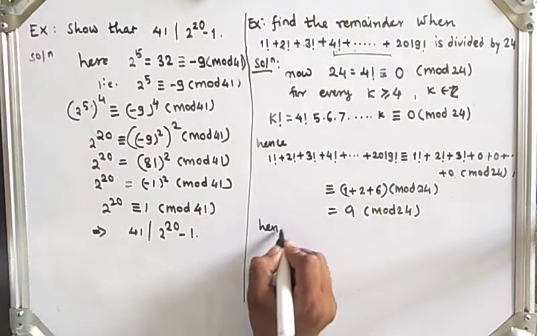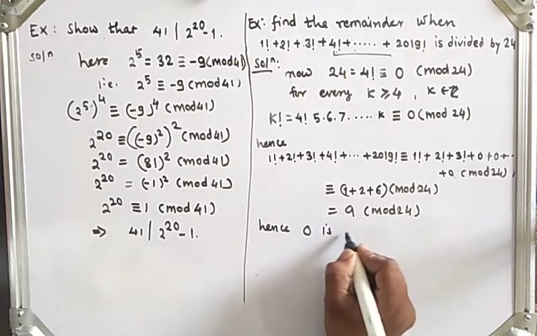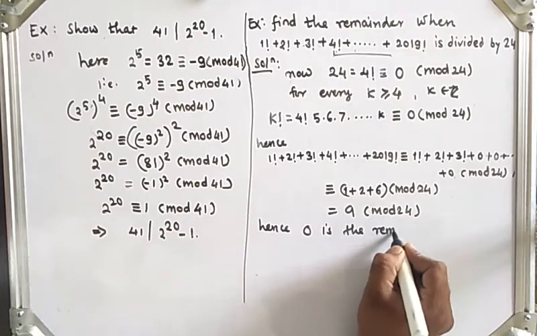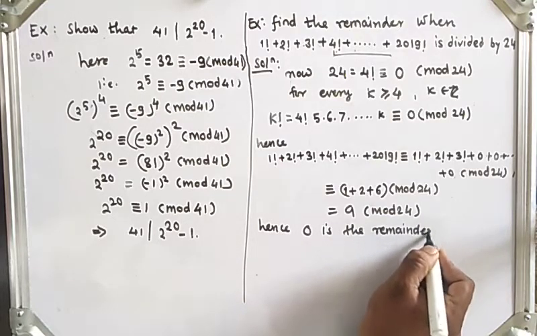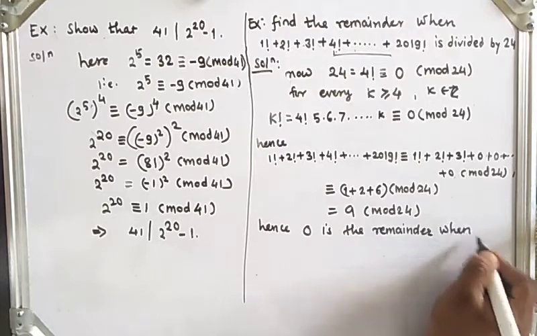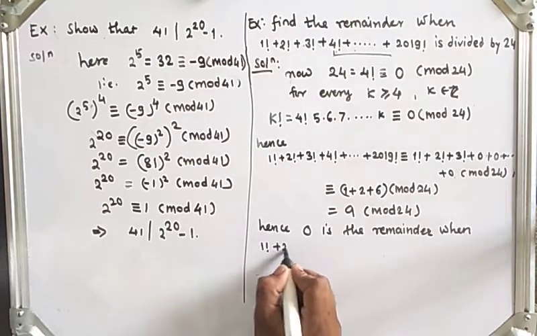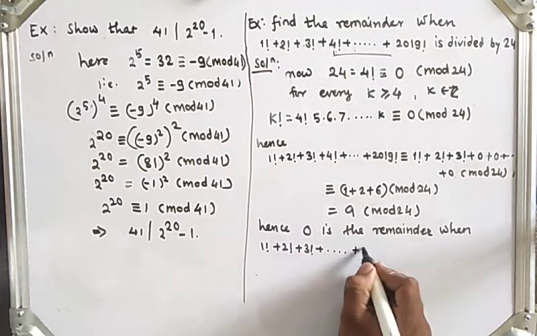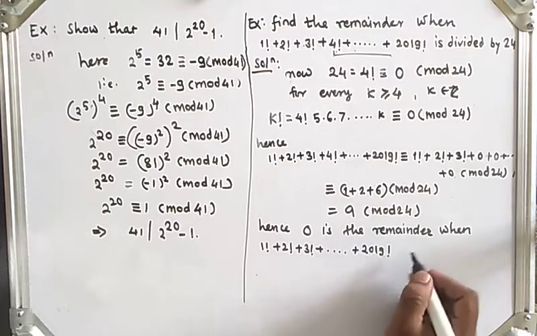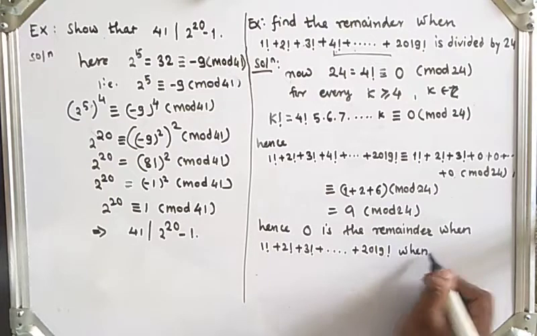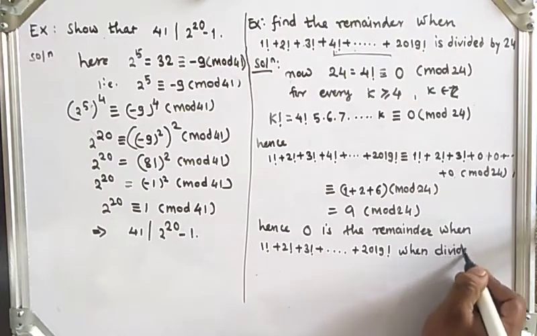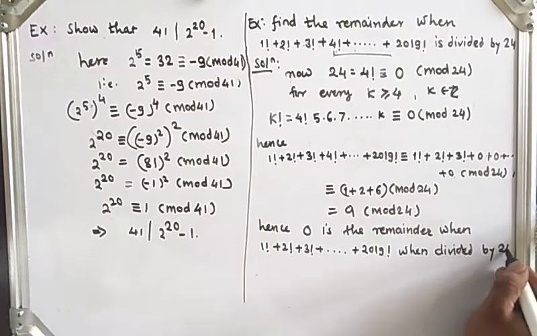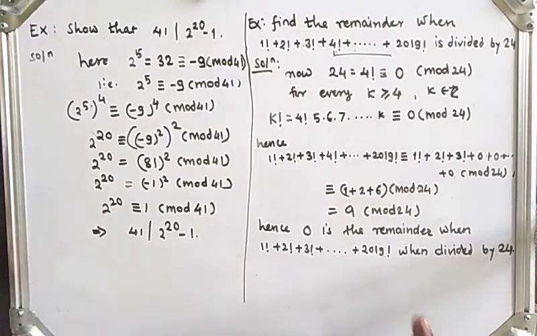Hence 9 is the remainder when 1 factorial plus 2 factorial plus 3 factorial plus up to 2019 factorial is divided by 24. Here is the solution of this.